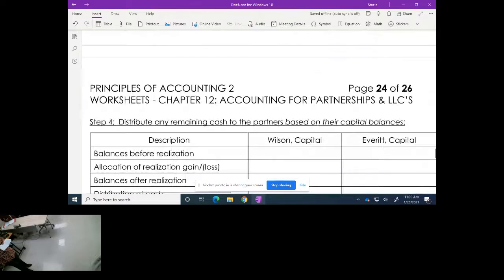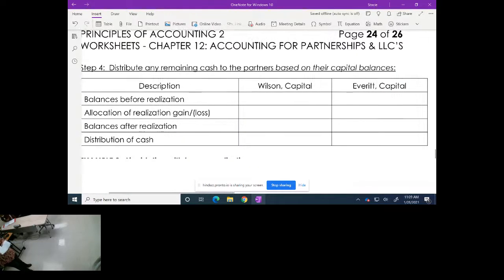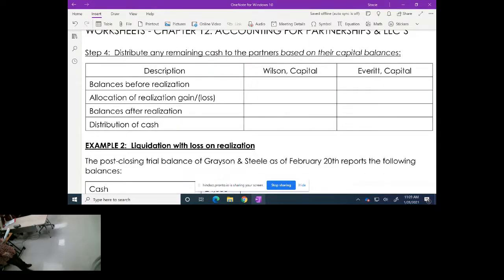Now let's figure out how that's affecting the partners' capital accounts. Okay, so what did they start out with before all of this? 30,000. Yeah, they each had 30,000 when they started this process. We sold all the assets and determined they had a gain, and we allocated some to each one of them.